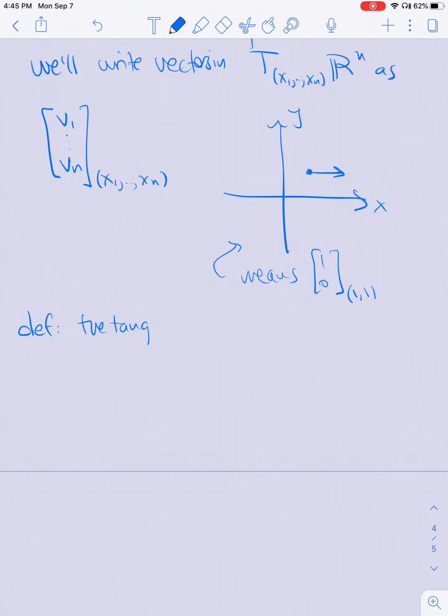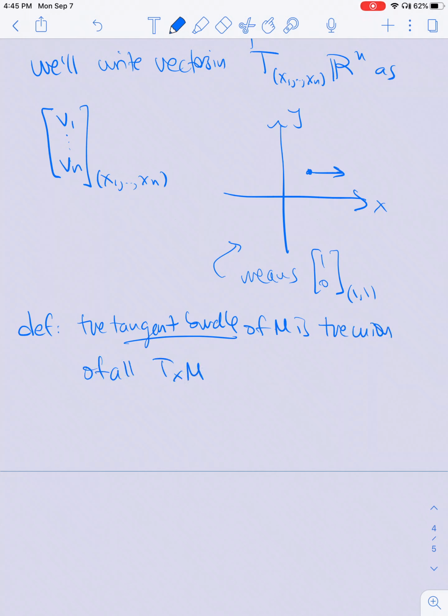The tangent bundle of M is the union of all T_xM over x in M. So you take all the tangent spaces at every point and you put them all together. And a vector field on M is essentially a function.